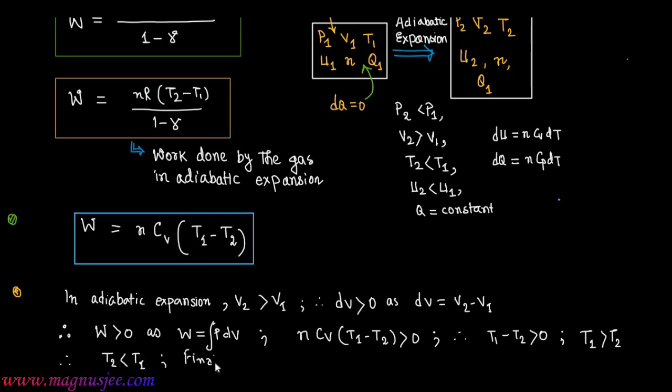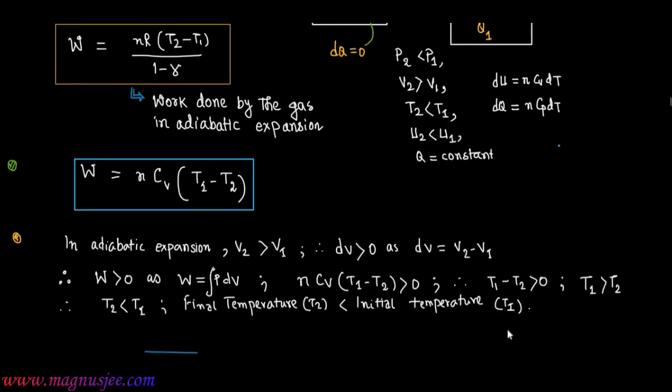That means the final absolute temperature of the gas, T2, will be less than the initial absolute temperature of the ideal gas, T1. T2 less than T1 means final temperature will be less than initial temperature.